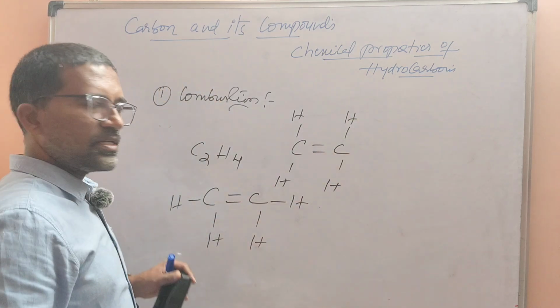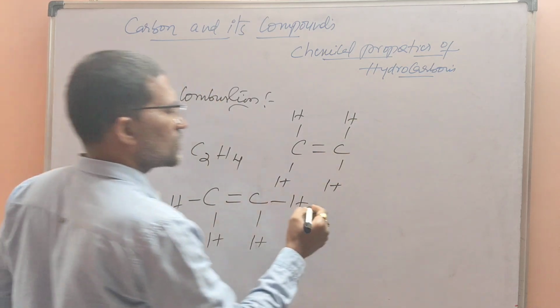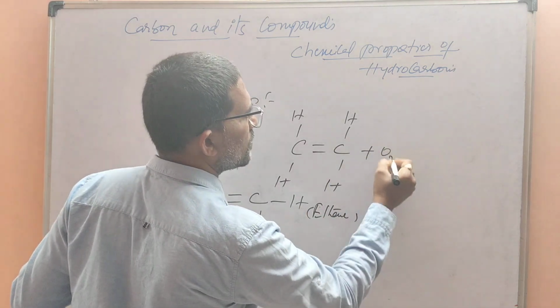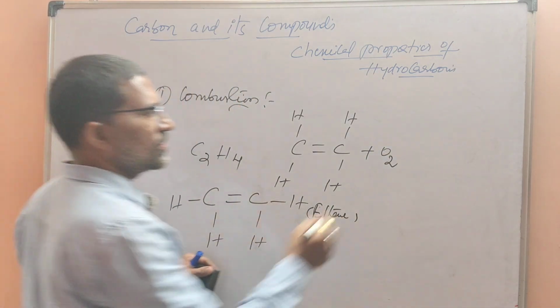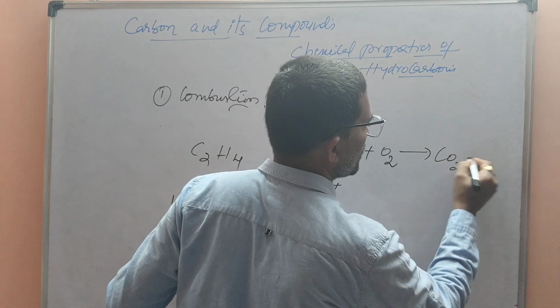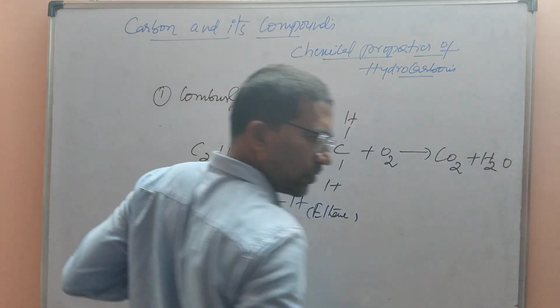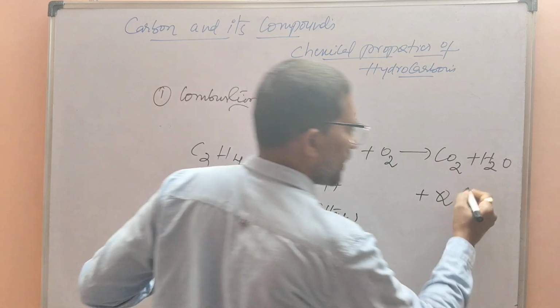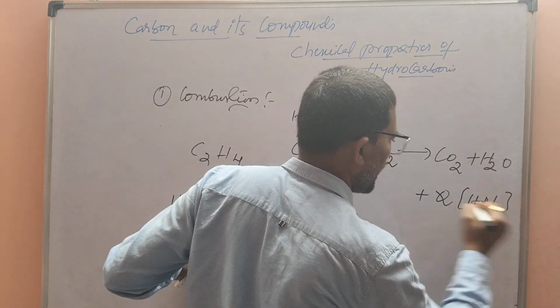Carbon to carbon double bond is there, and 2 carbons are there. It is ethene. Now it undergoes combustion reaction in the presence of oxygen, giving the common products CO2 and H2O. We know it is an exothermic reaction, so I will write heat and light.